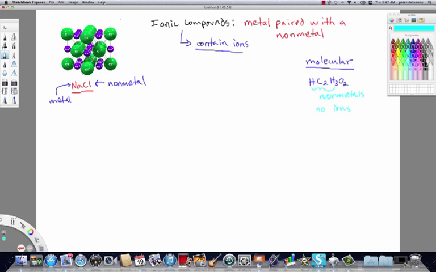And you can see rather nicely how the chlorides exchange places with the positively charged sodiums.